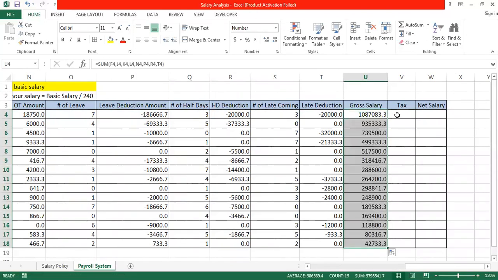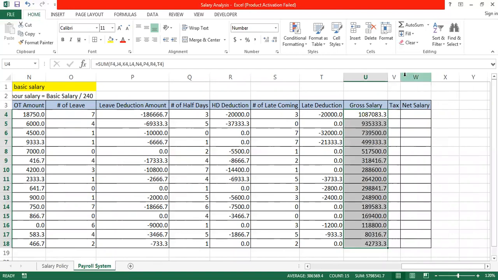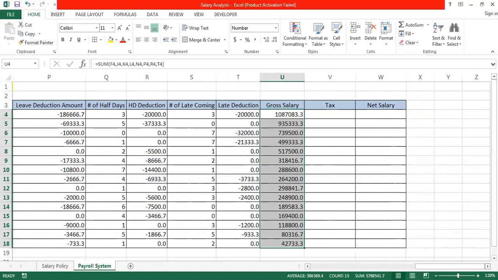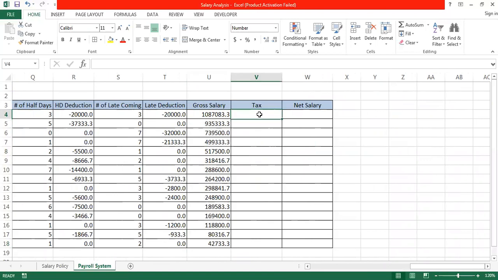Now taxes are charged on the basis of this gross salary. So for that, what we are going to do is first fetch the tax rate and multiply by gross salary. So the tax rate and gross salary will give us the tax amount. How can I calculate the tax amount?